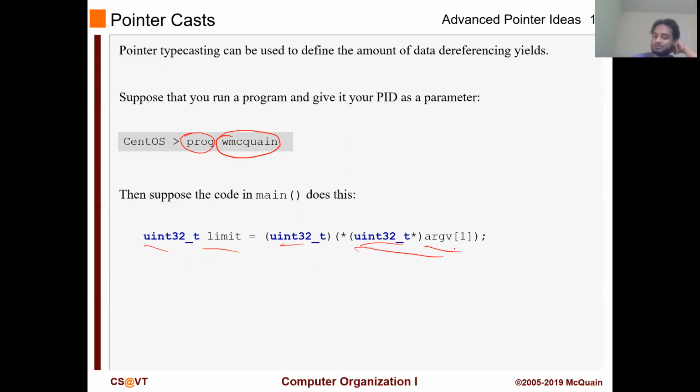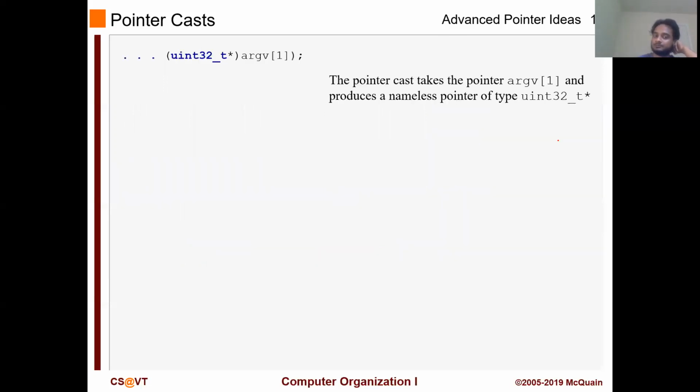So if we do something like this, whenever we're running it, argv0 has the program and argv1 has McQueen. What's going to happen in this case is if we typecast argv1, remember that argv1 is a character pointer, right?